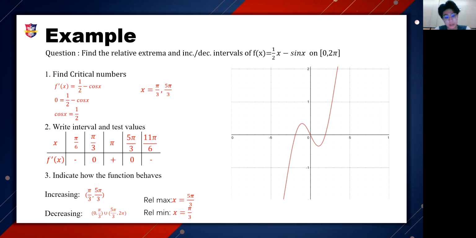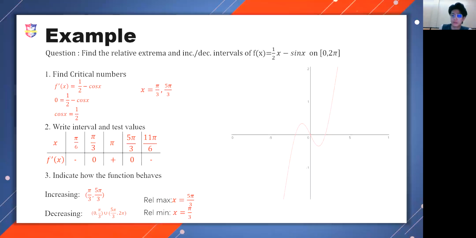We can find that the relative maximum is at x = 5π/3, because it goes from increasing to decreasing, and the relative minimum is at x = π/3, because it goes from decreasing to increasing and forms a relative minimum.